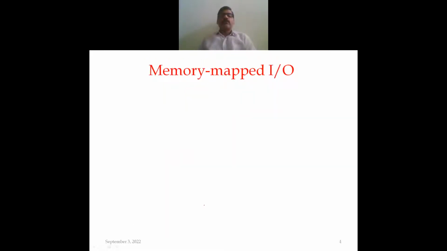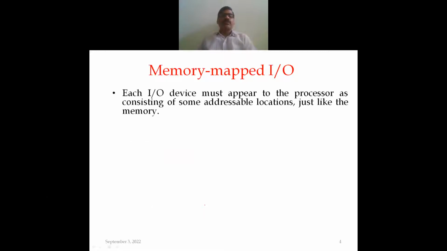This is memory mapped IO, which means each IO device must appear to the processor as consisting of some addressable location, just like a memory location.